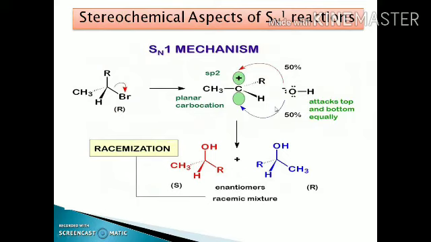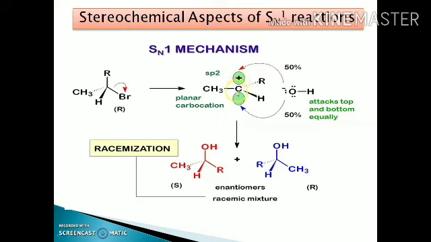Let us discuss the stereochemical aspects of the nucleophilic substitution reactions. For better understanding, in the SN1 mechanism, we know that the intermediate carbocation is formed. The carbocation has sp2 hybridization and a planar structure, a trigonal planar structure. Planar means the carbocation is present in one plane only.